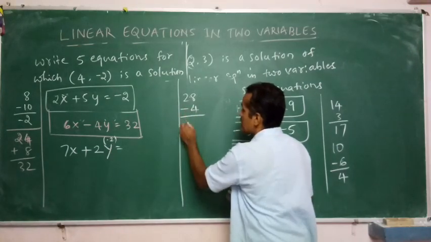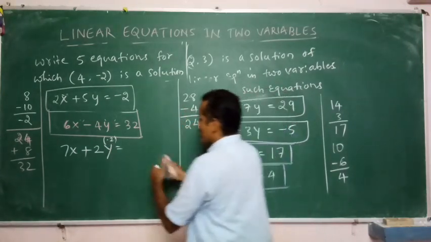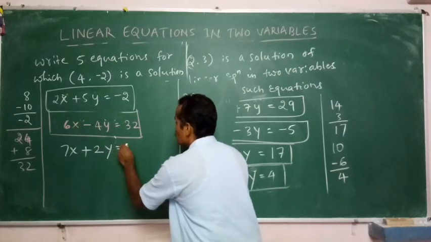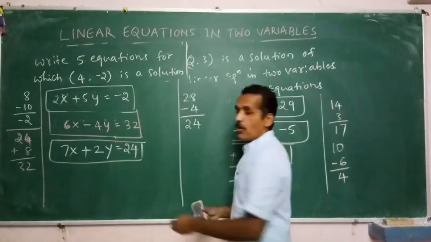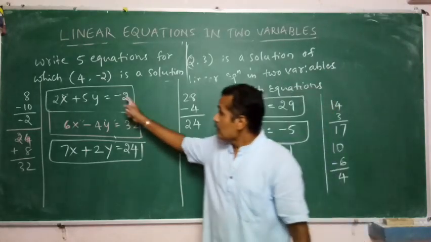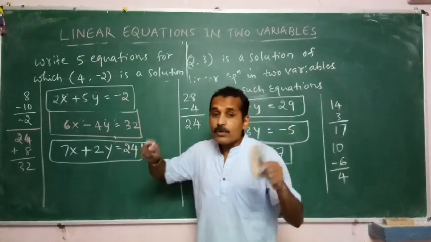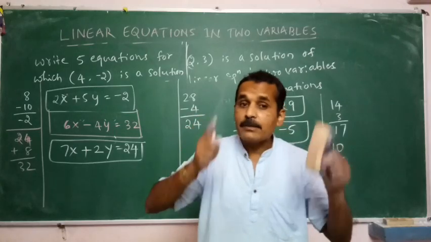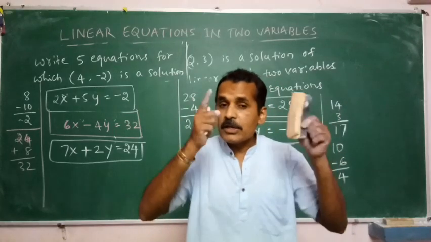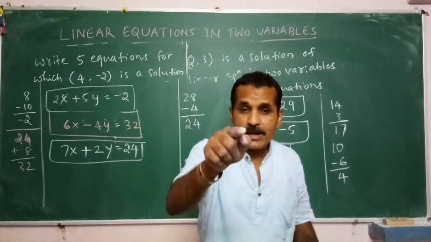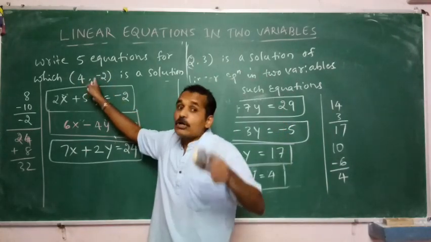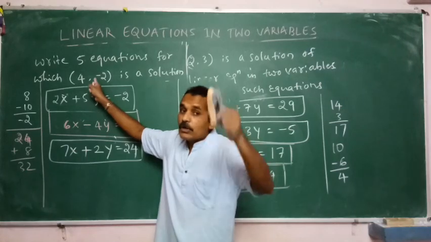Answer is 24. This equals to 24. My dear children, keep a point in your mind. Every equation has infinite number of solutions. But among those infinite solutions, this is one of the solutions.